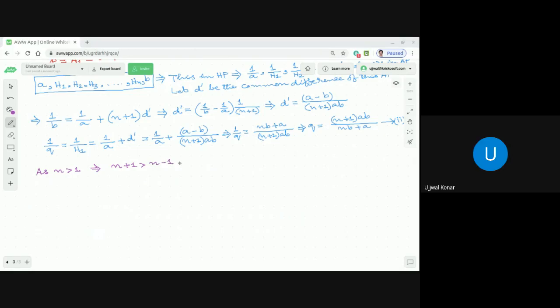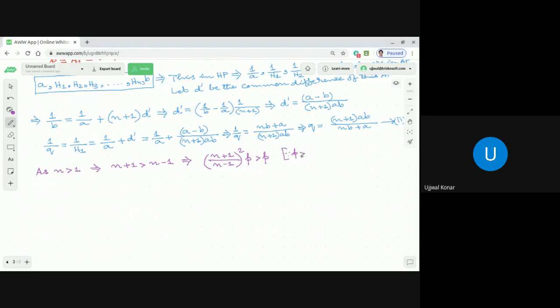That implies ((n plus 1) by (n minus 1)) whole square should be greater than 1, no? Correct or not? Obviously. And if I multiply it by p, that should be greater than p. Because p is a positive number. P has to be positive.